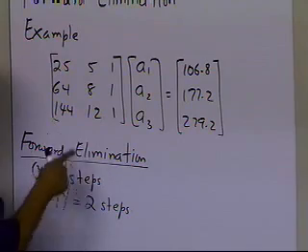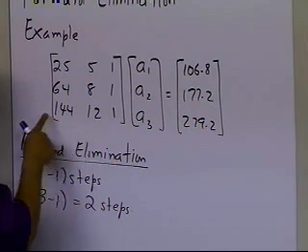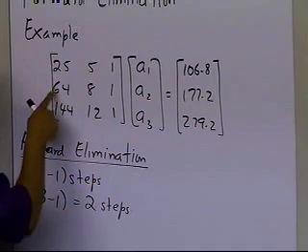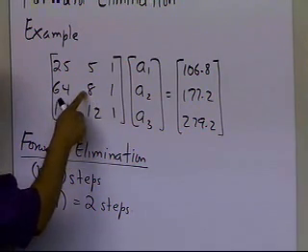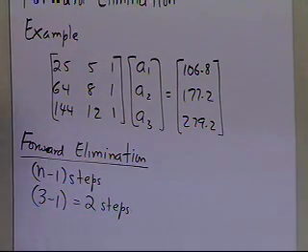And in the second step, we'll be looking at what's below the second row, second column, and make this to be 0. So in the first step, you're making everything below the first row in the first column to be 0. In the second step, you're going to make everything below the second row in the second column to be 0, so as to convert it into an upper triangular matrix.